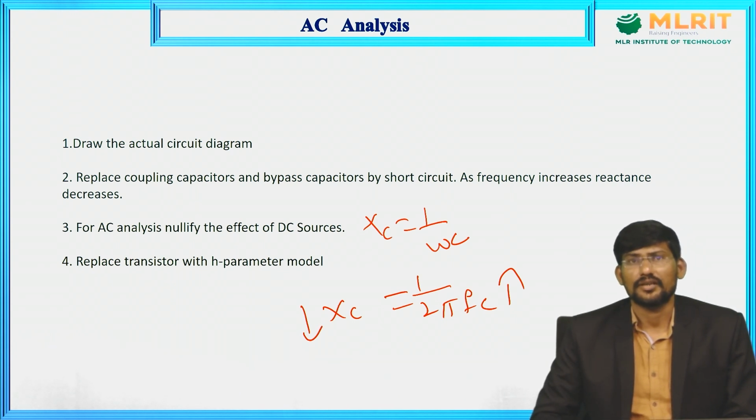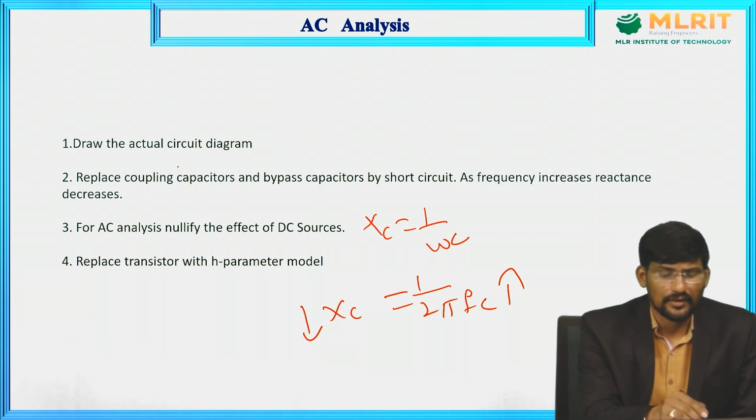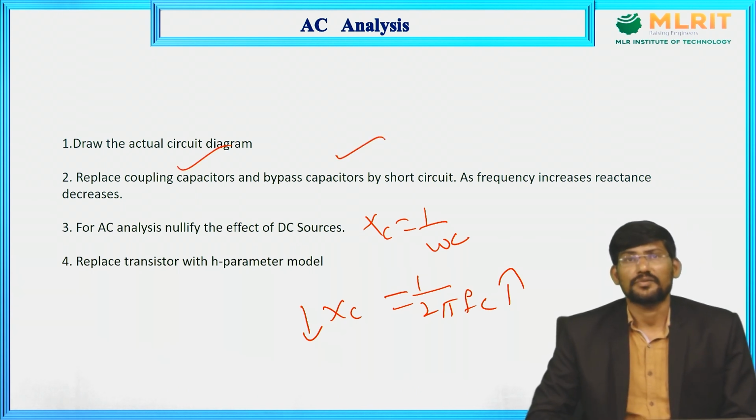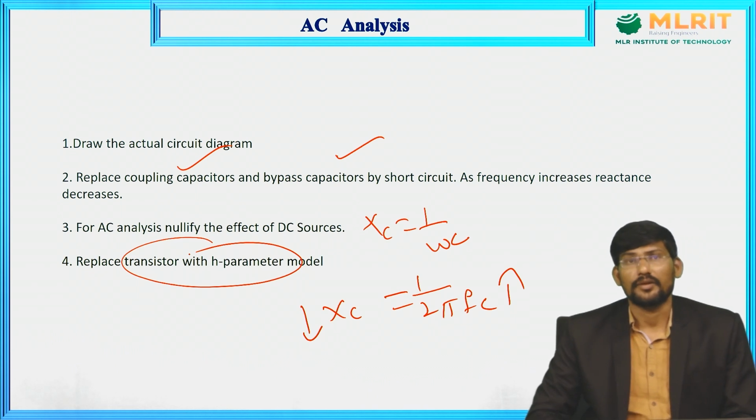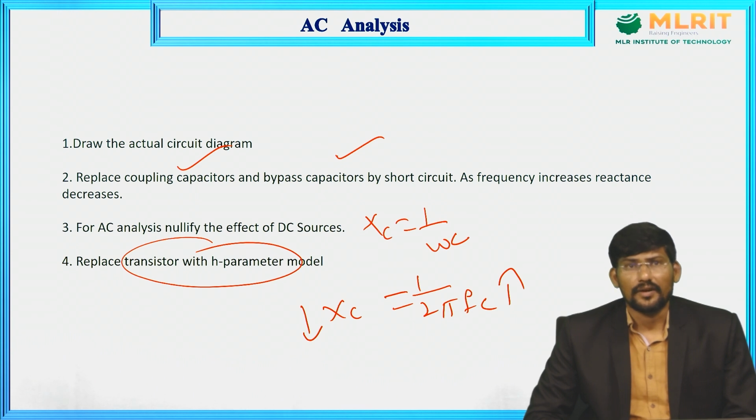That will be considered logically as a short circuit, and that's why we are nullifying the effect of coupling and bypass capacitors which are present in our circuitry, and we will nullify the effect of DC sources, and we will replace the transistor with its equivalent H parameter model. So H parameter model consists of a total of 4 parameters, hi, hr, hf and ho. Input impedance, reverse voltage gain, forward current gain and output admittance are the parameters related to any transistor configuration.